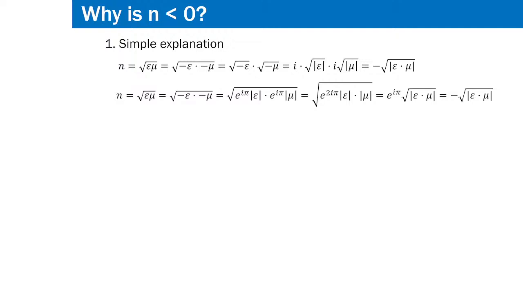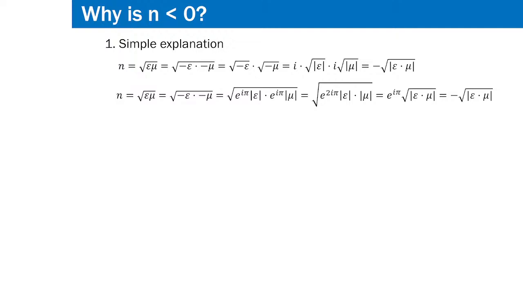Now minus epsilon we can write as exponential i pi into absolute of epsilon, because exponential i pi is minus 1. Similarly, for mu we can write exponential i pi into absolute mu. So that is equal to root over of exponential 2 i pi into absolute epsilon into absolute mu.